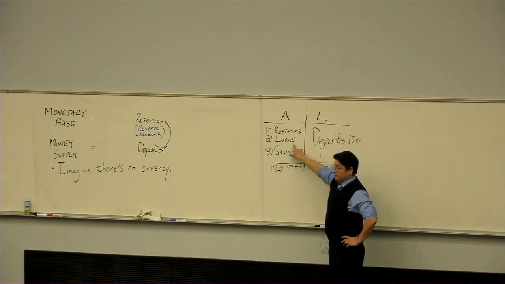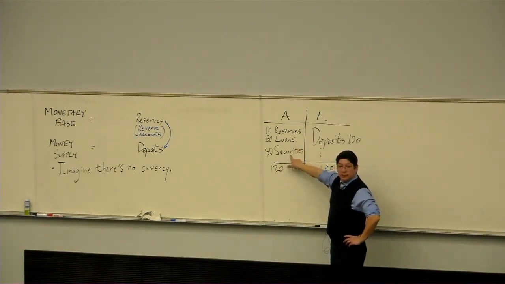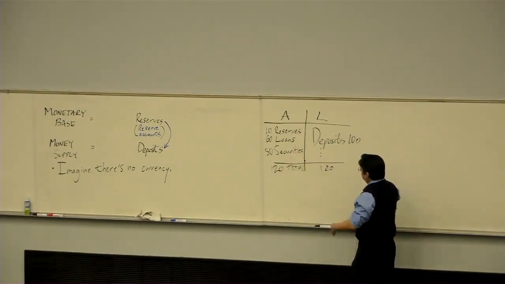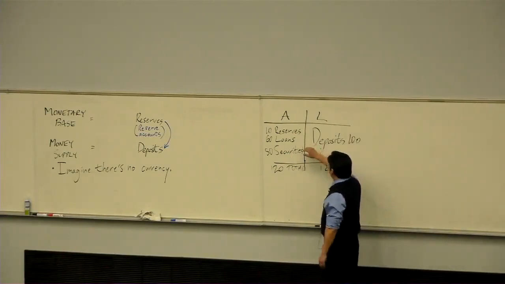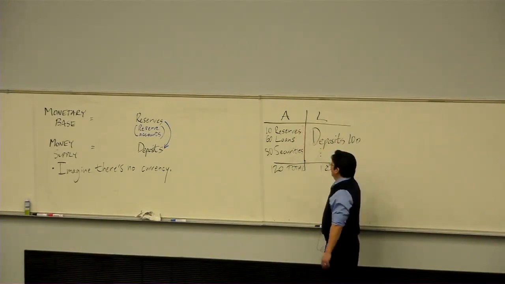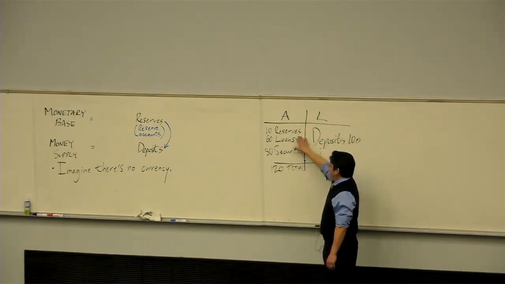They can lend them, or they can use them to buy securities that pay them interest or dividends or whatever. So on every single balance sheet, there's some deposits and some reserves. And what are these reserves? These are, well, again, there are two cases. It could be that in this example, the bank is obliged to hold 10% of its deposits as reserves. Maybe it's required.